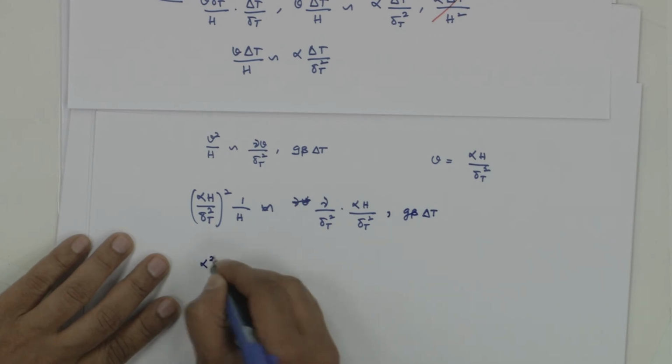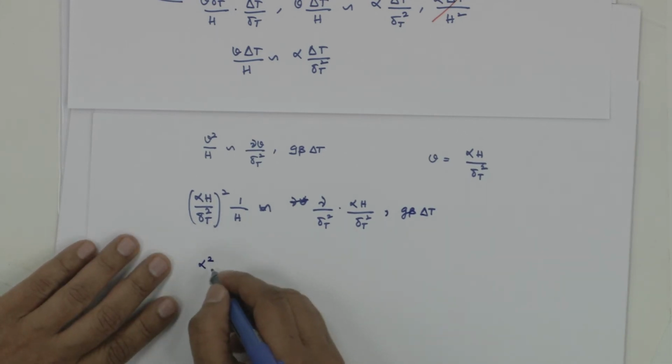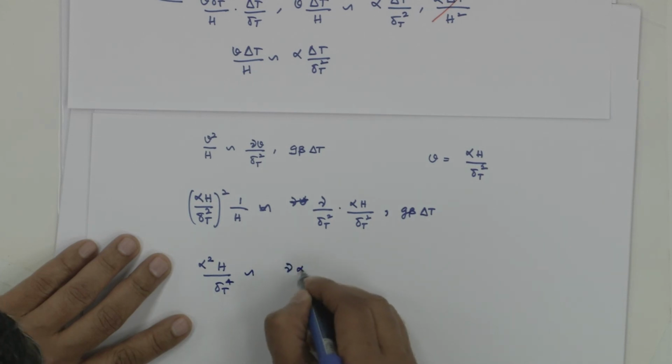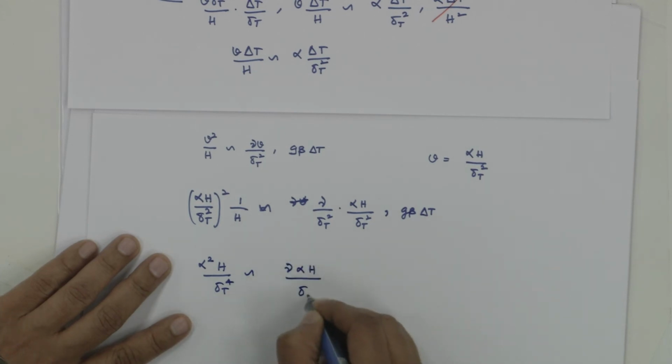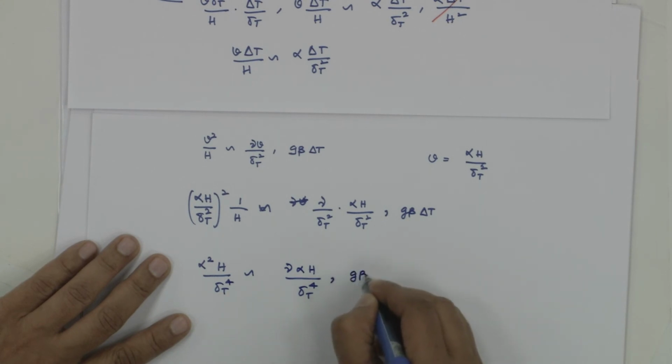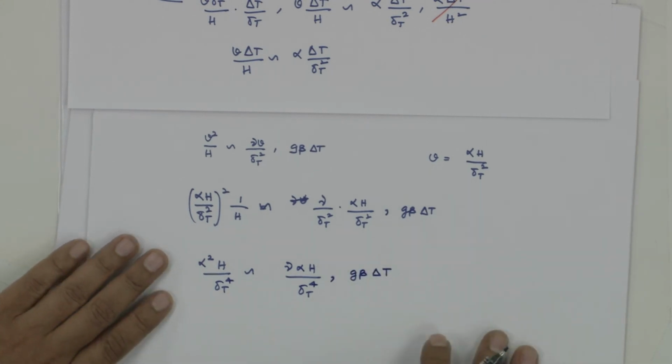Alpha squared h upon delta t to the power of 4 is of the order of nu alpha h upon delta t to the power of 4, comma g beta delta T.